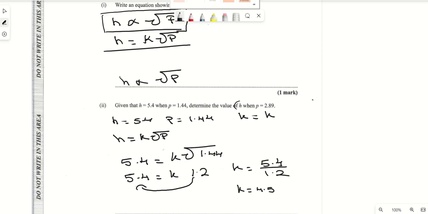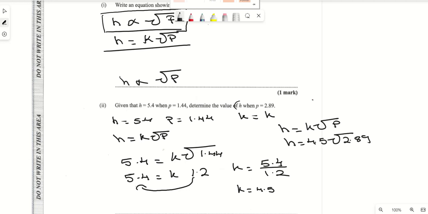Now, if you know your constant is 4.5, the second part will become easier because we want to find h. h is equal to constant by the square root of p. We know our constant is 4.5, so h is equal to 4.5 by the square root of 2.89.